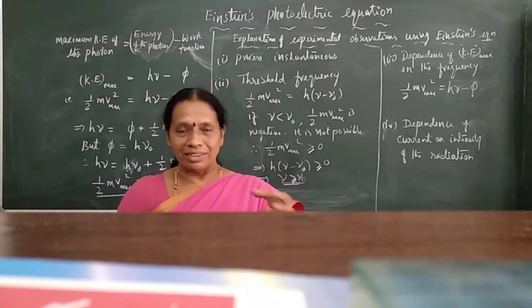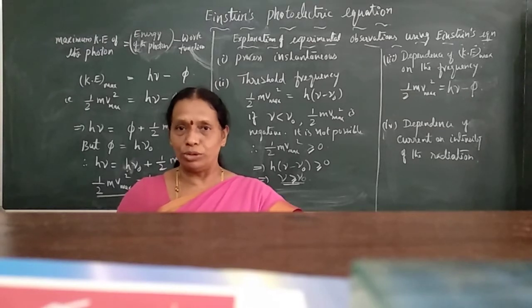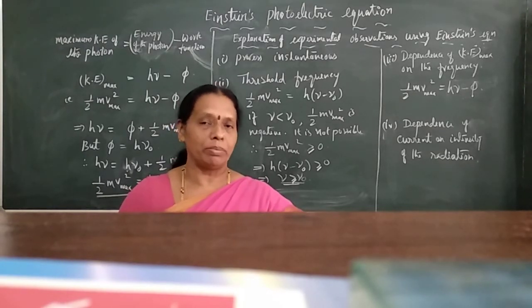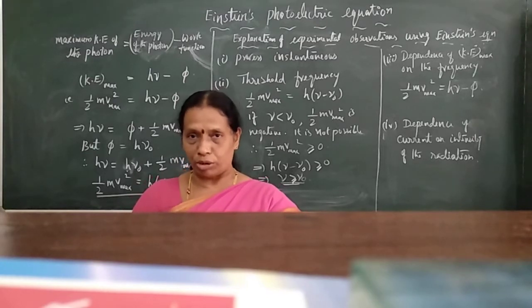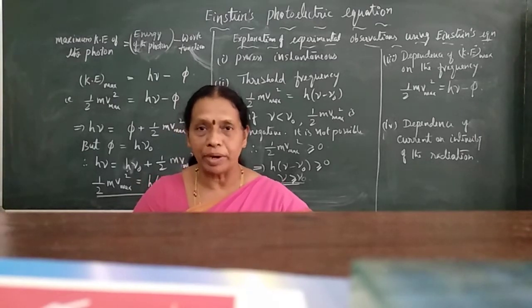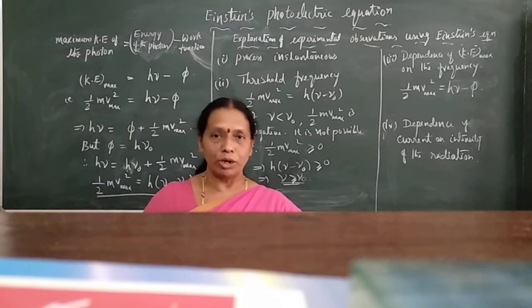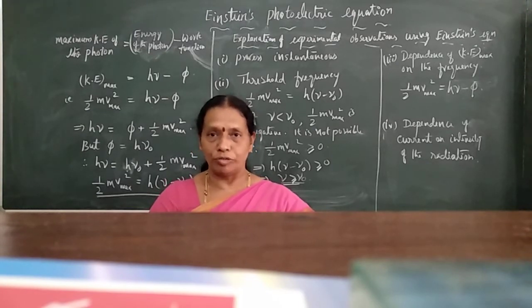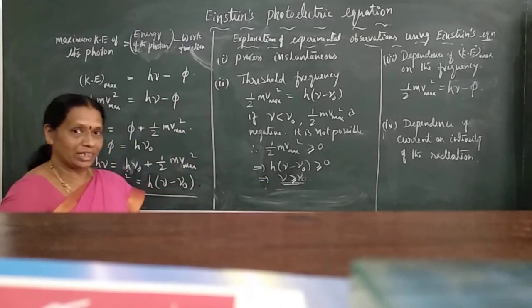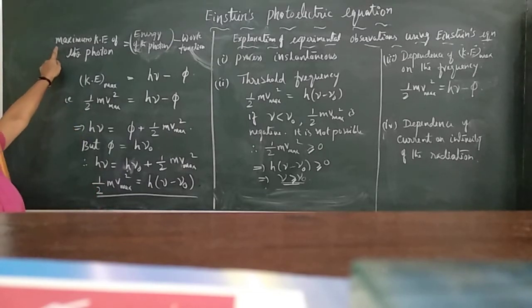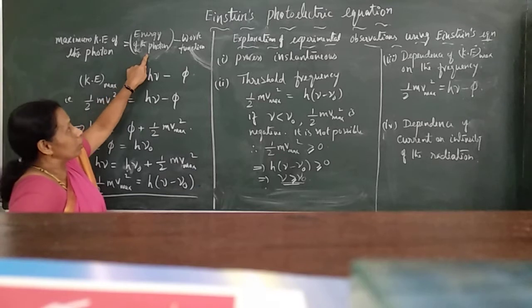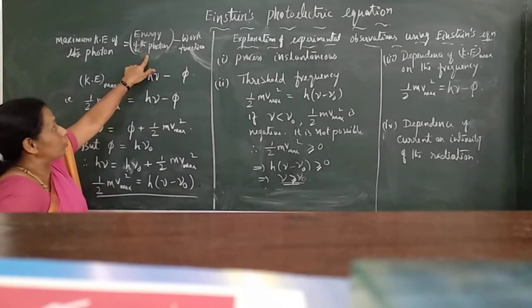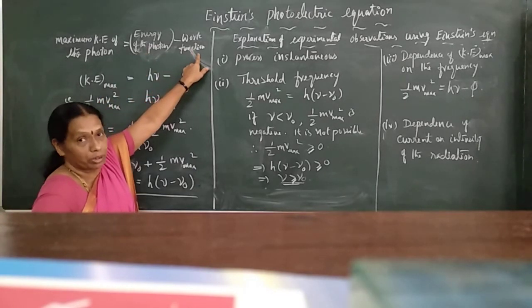Out of the total incident energy, a part is used to overcome the work function of the metal, that is, just to eject the electron from the surface. The remaining part comes out as the kinetic energy of the electron. So the maximum kinetic energy depends on the energy of the photon of the incident radiation as well as the work function of the metal.